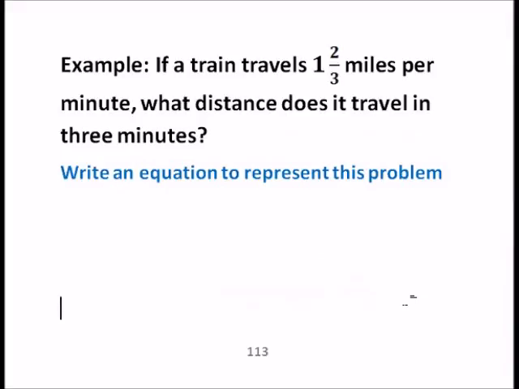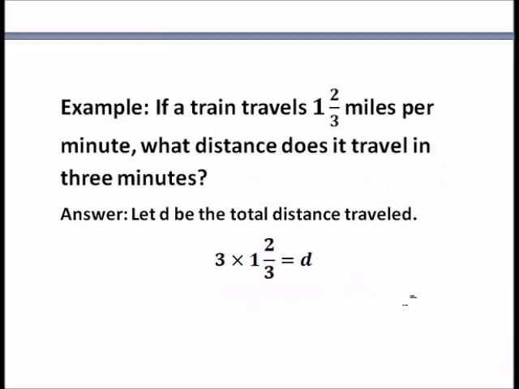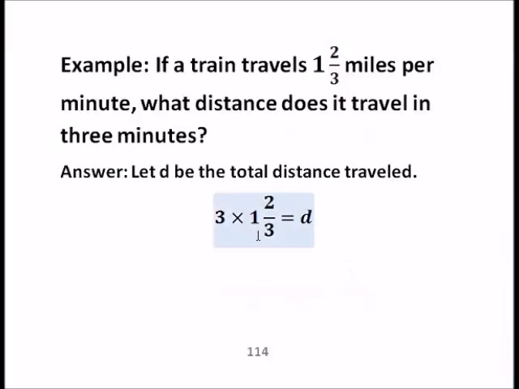And we have a word problem like this. If a train travels 1 2/3 miles per minute, what distance does it travel in 3 minutes? Write an equation to represent the problem. So an equation might be something like this. First, we use a letter to represent the unknown. So let d be the total distance traveled. Then d would be 3 times 1 2/3.